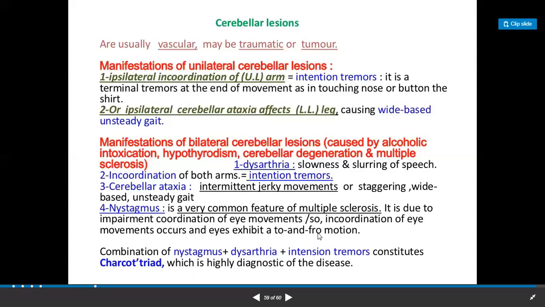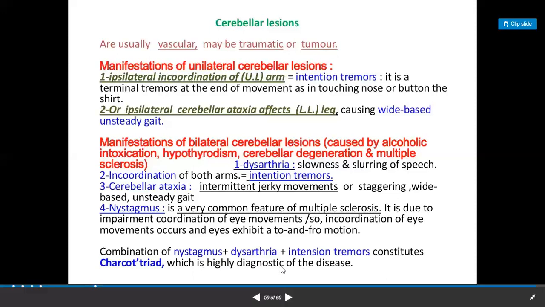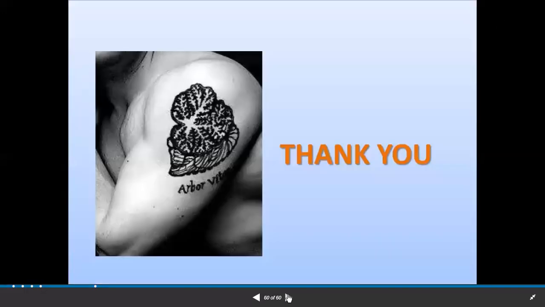The combination of nystagmus, dysarthria, and intention tremor together we call Charcot's triad, which is highly diagnostic of the disease. Such clinical terms may be used in framing the essay question, because the cerebellum can come as an essay question. So you need to be well versed with the terminology here.